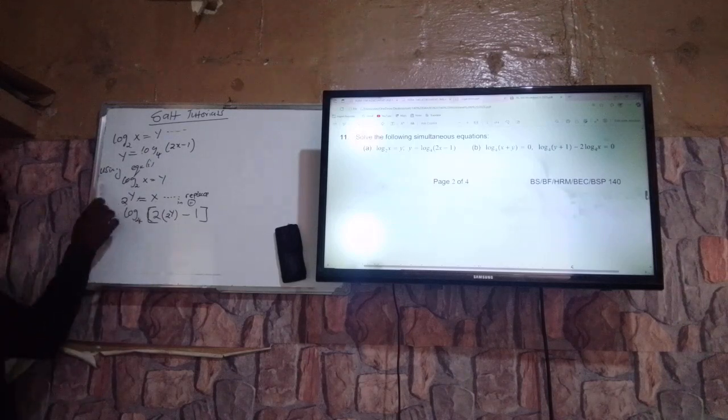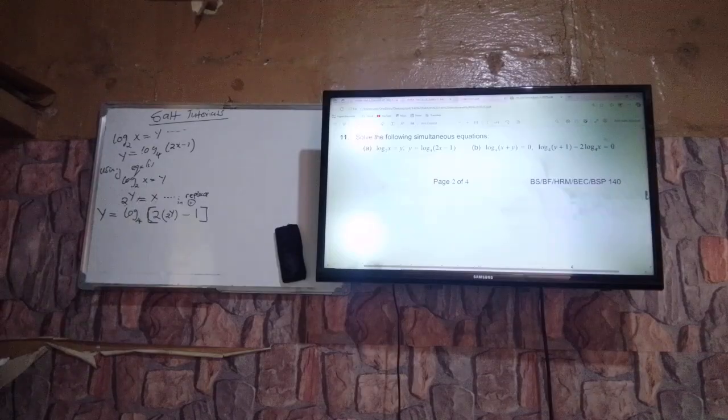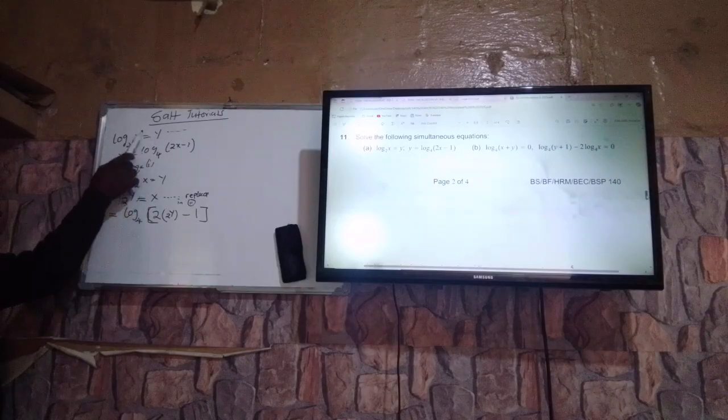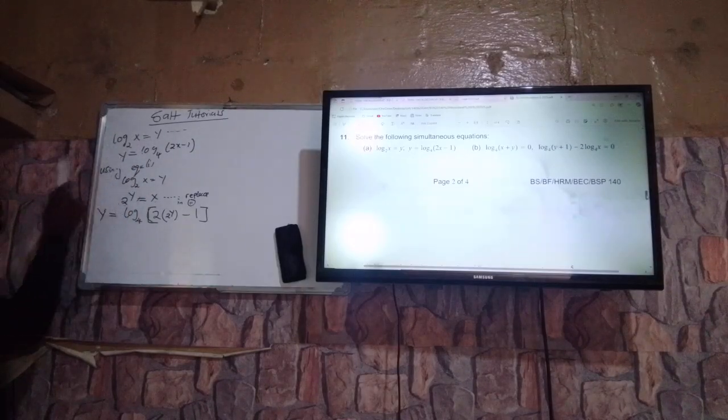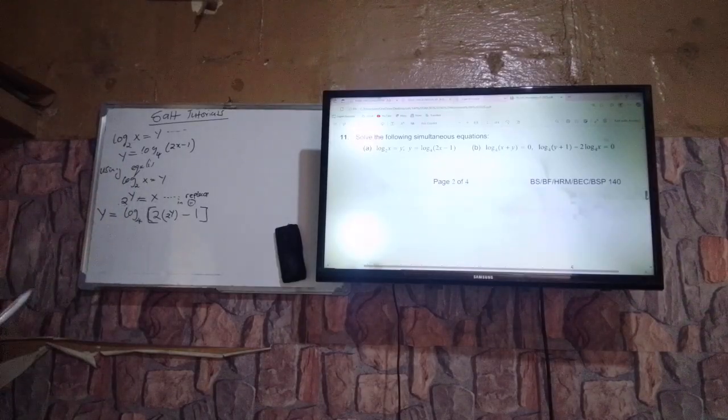So I've used the substitution method: I've used equation 1 to substitute something in equation 2. In equation 2 I have x and y. It is possible to work with y equals this and substitute it there, but remember, these two will have different bases, which would require you to change to the same base.